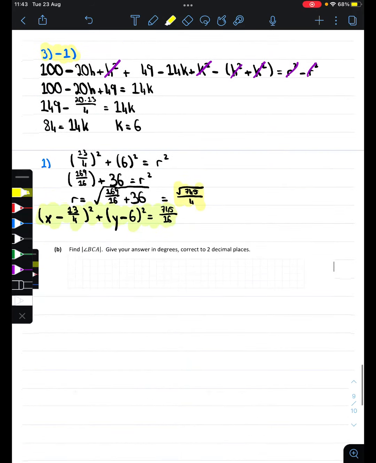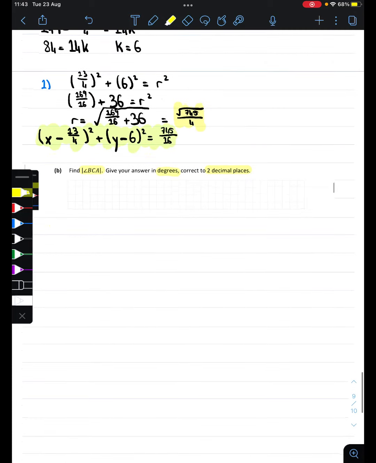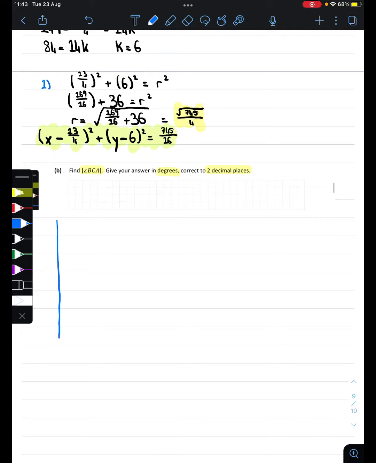Now on to part B, find the angle BCA. Give your answer in degrees correct to 2 decimal places. Okay, so first of all, let's just visualize what the angle BCA might look like.